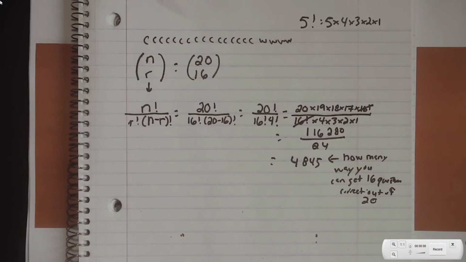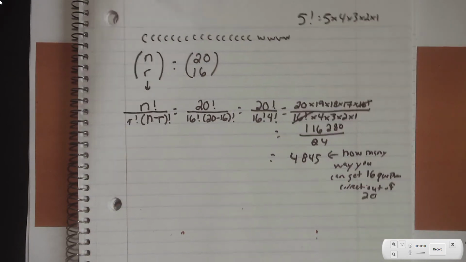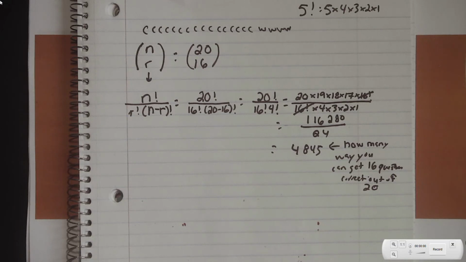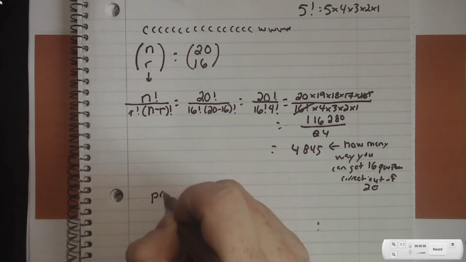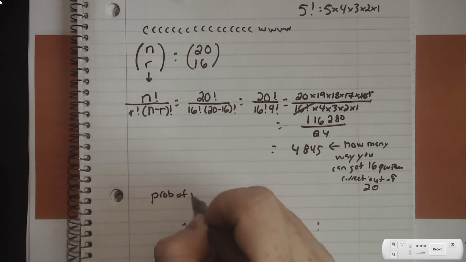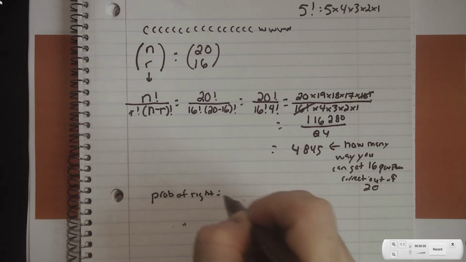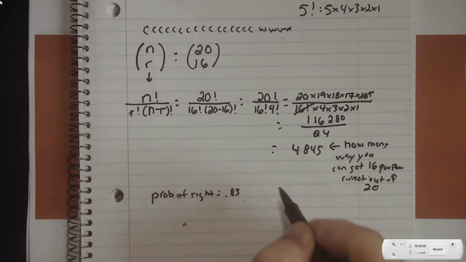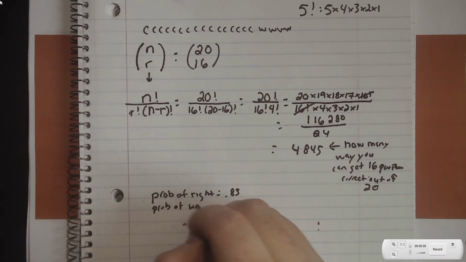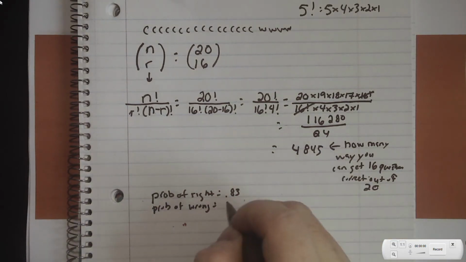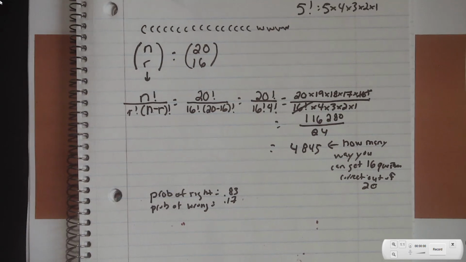Okay, now to complete the binomial process, it works a lot like this. I have two possibilities. Either I'm going to get it right or I'm going to get it wrong. From a previous paper, I know that the probability of right is 0.83. The probability of wrong is 0.17.